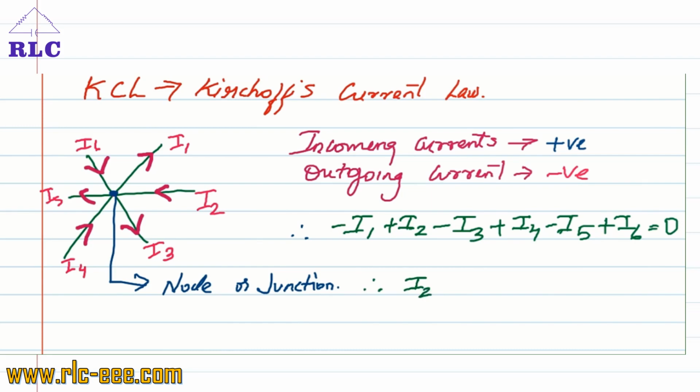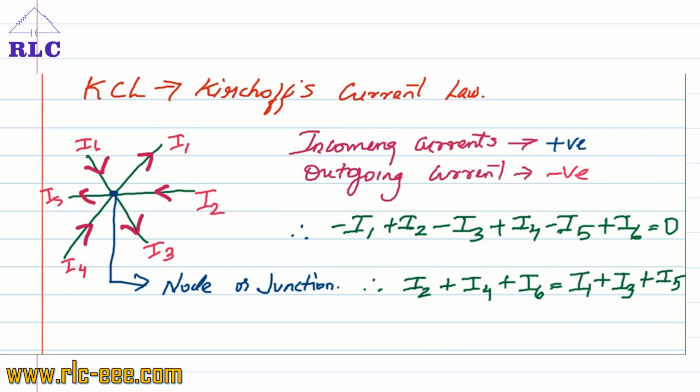Therefore, we can rearrange it as I2 plus I4 plus I6 is equal to I1 plus I3 plus I5.